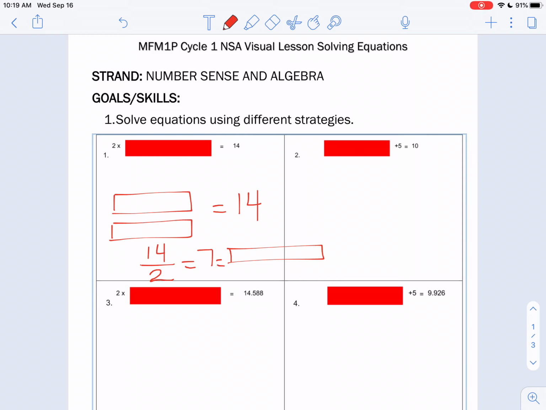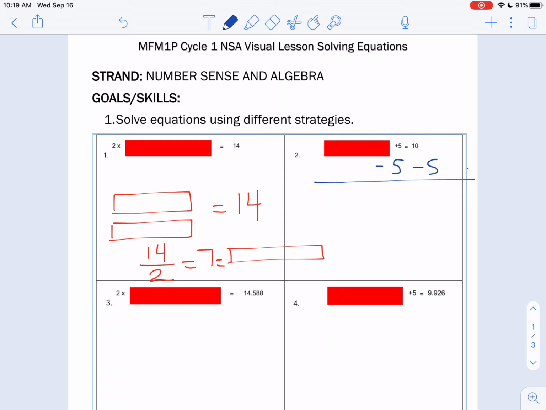In number 2, instead of just guessing that 5 has to go in there, we're going to isolate the bar in our picture. Because we have the length of the bar plus 5 equals 10, we want to subtract 5 from both sides to get the bar by itself. So I'm going to subtract 5 and subtract 5 on the other side as well, from the left side and from the right side.